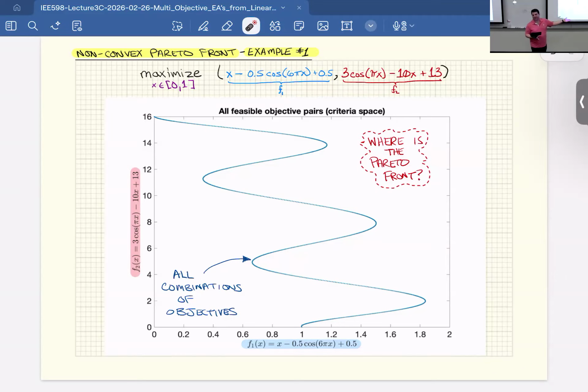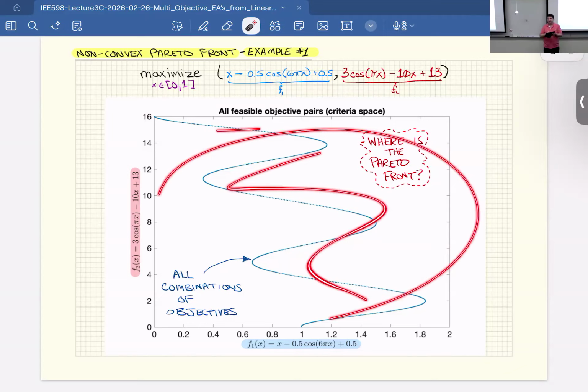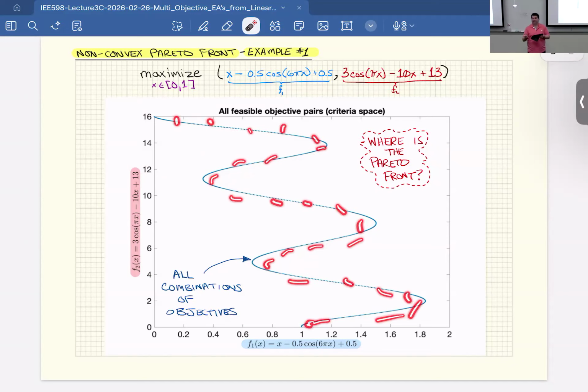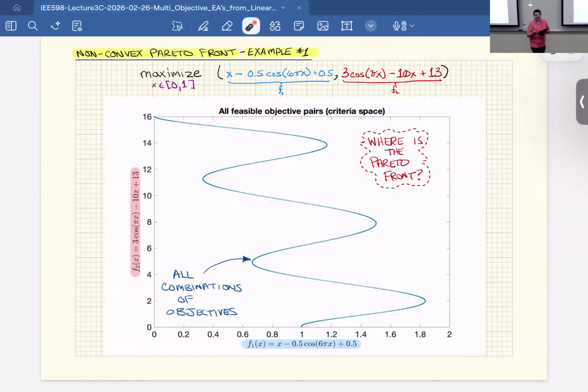It's a kind of stair-step looking problem. And so when you look at this, you'd say, these are all the combinations of objectives. So some of these are not in the Pareto front. Your optimizer is going to be constrained to sampling from this space anyway. So then you have to ask the question, what is in the Pareto front?